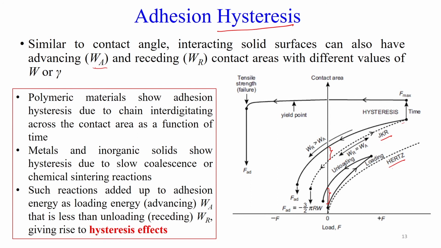Whenever such reactions take place at the interface, the adhesion energy, or the loading energy, is less than the receding or unloading energy, and this phenomenon is known as hysteresis.